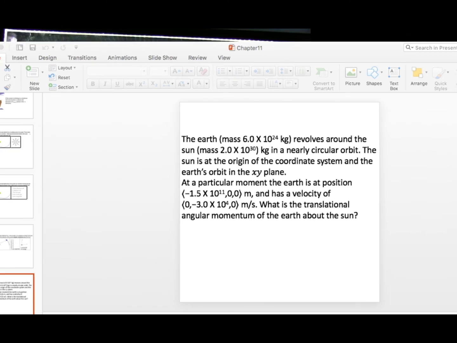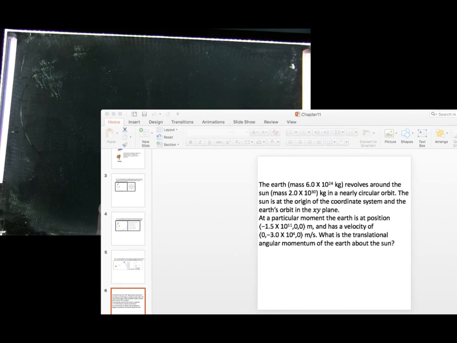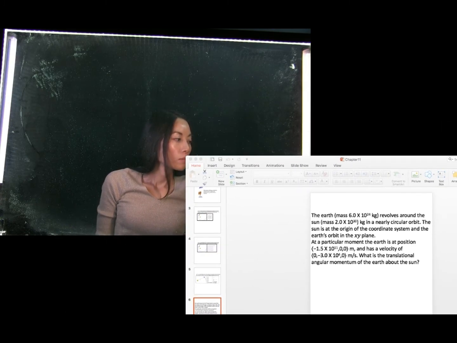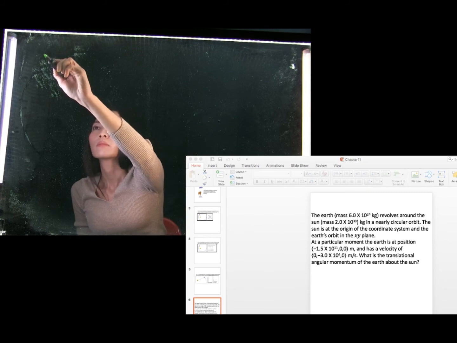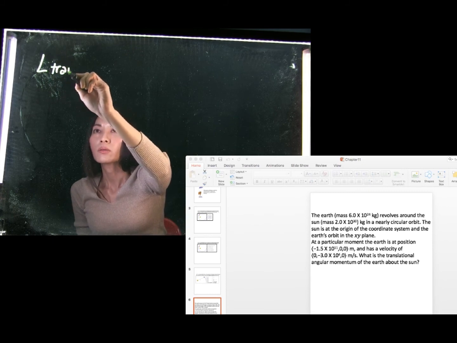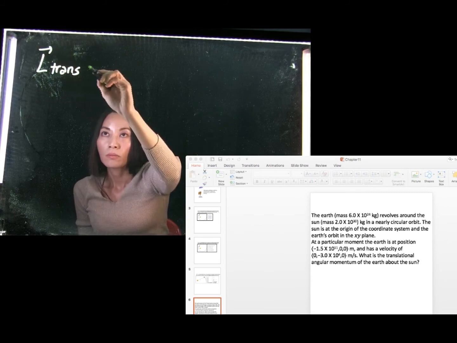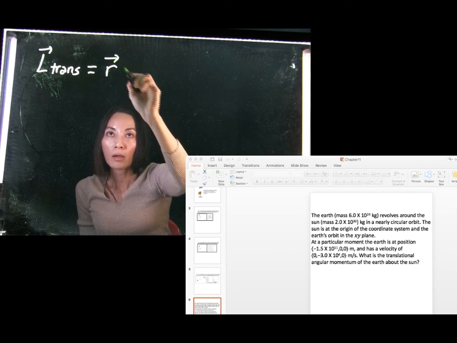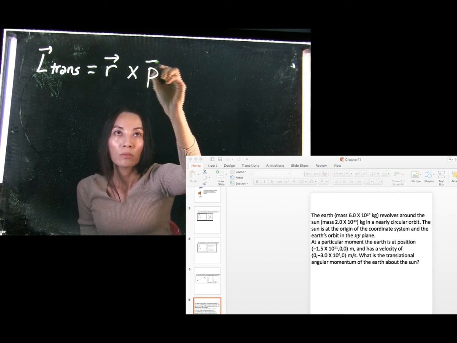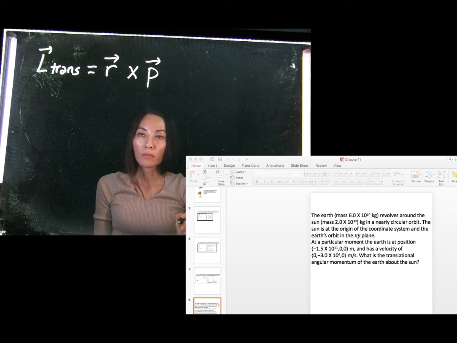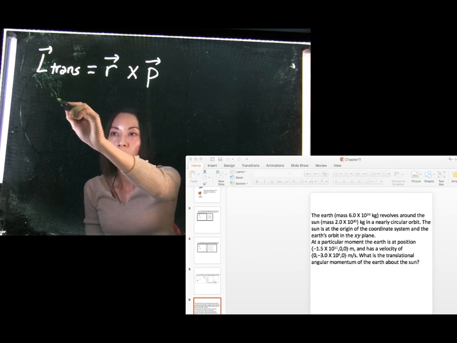So let's calculate the translational angular momentum. We can write the translational angular momentum to be equal to R cross P. We're given the position of the Earth with respect to the Sun, and also the velocity of Earth with respect to the Sun.